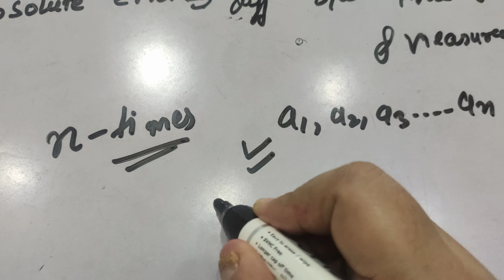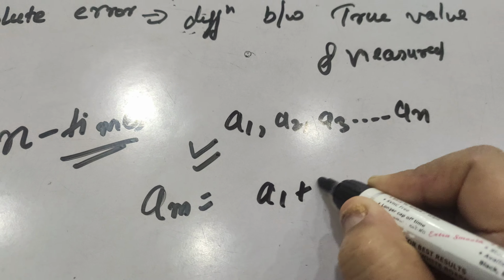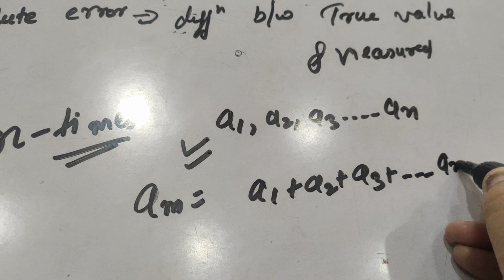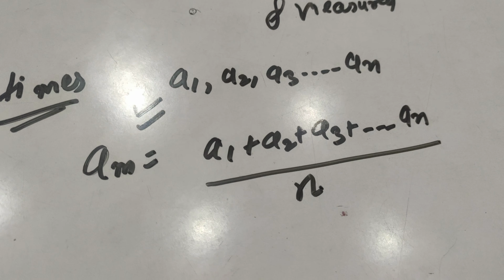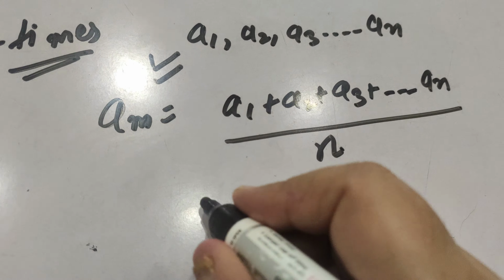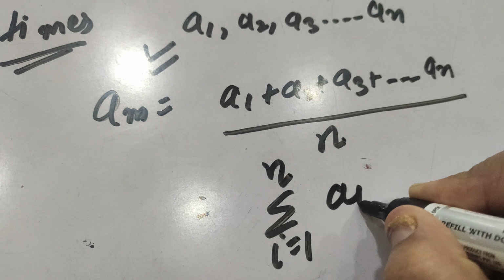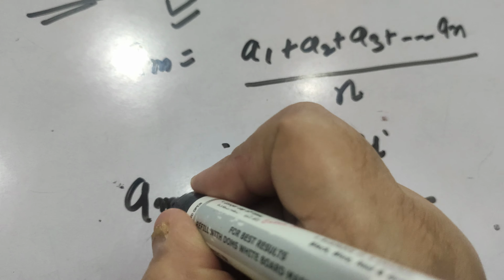So let us take the mean, represented by am is equal to a1 plus a2 plus a3 plus so on an divided by n. So am is equal to 1 by n, or we can write this as summation i is equal to 1 to n of ai by n. So this is the mean value.